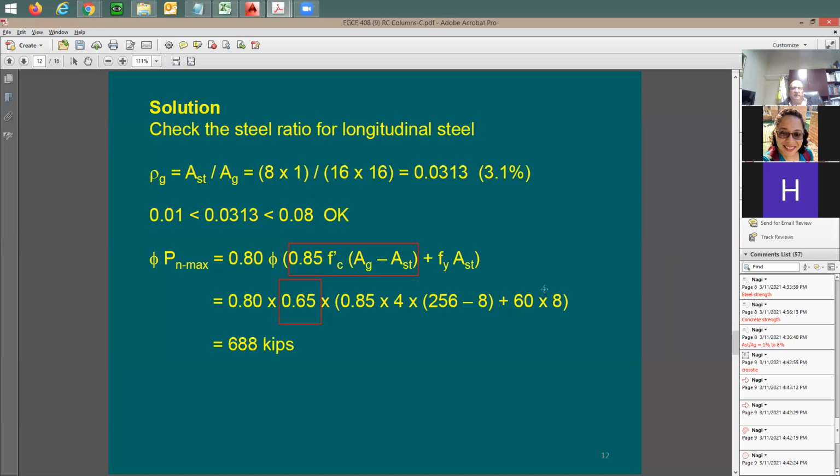That was the concrete strength. This is going to be this term here. About the steel, it's going to be Fy A_st. Here's Fy, the 60 times A_st. And with that, I have 688 kips. It's going to be that simple. Here's the concrete column axial strength. Yes, it is, simple.